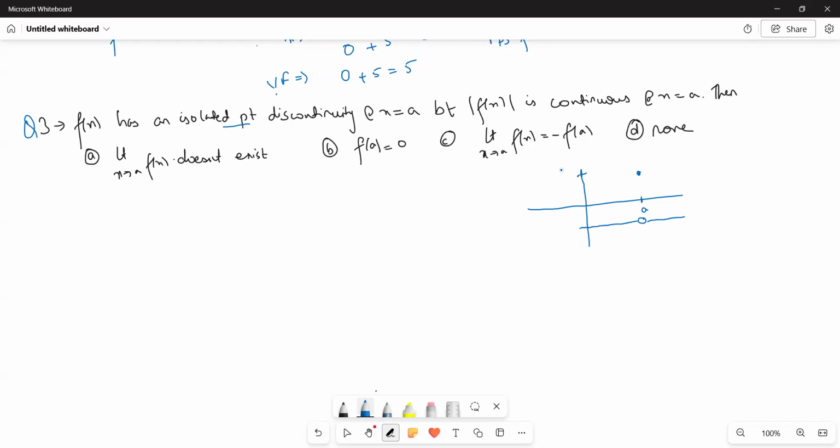If this value is f of a, then this value must be minus of f of a, so that when we do the mod transformation, the graph will become complete and be continuous. So limit of f(x) as x tends to a must be equal to minus of f of a, so that when we take the mod after reflection, the entire graph will club together.